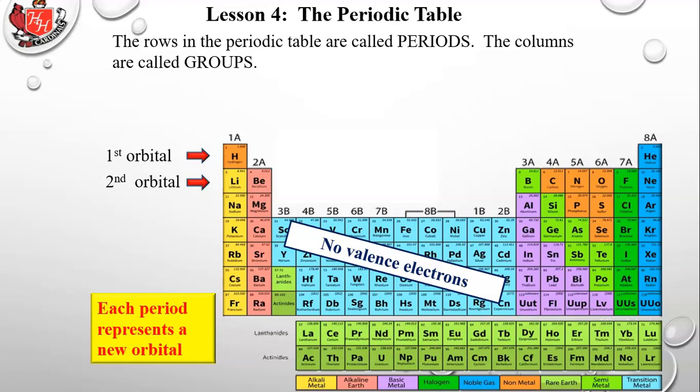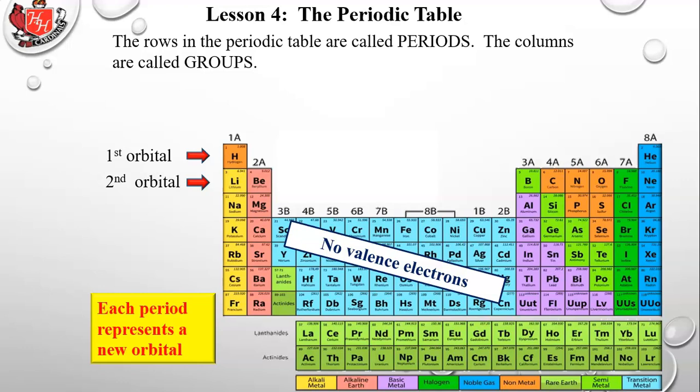As we go across, all of the elements in the second row have 2 electrons in the first orbital. So if you move over to boron, it has a total of 5 electrons, 2 in the first and 3 in the second. Carbon has 2 in the first and 4 in the second. Nitrogen, N, has 2 in the first and 5 in the second. Oxygen has 2 in the first and 6 in the second.